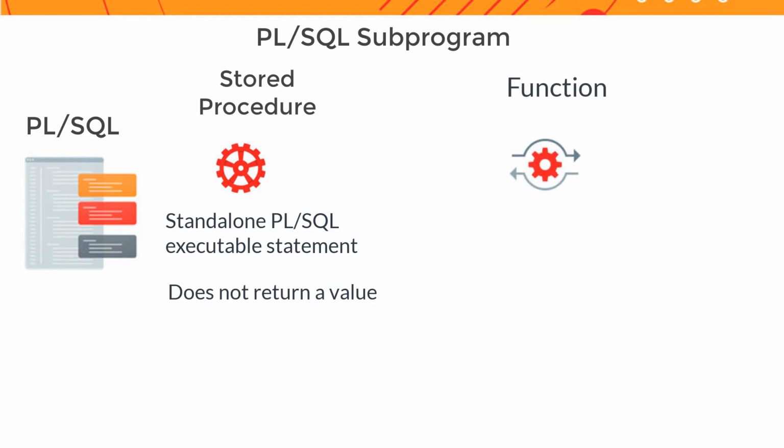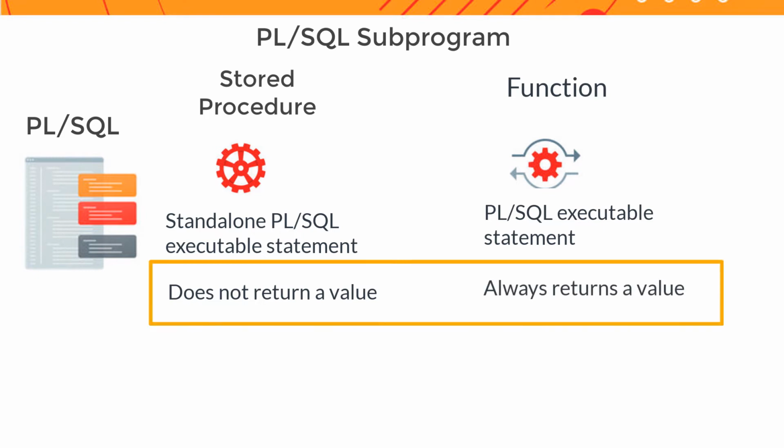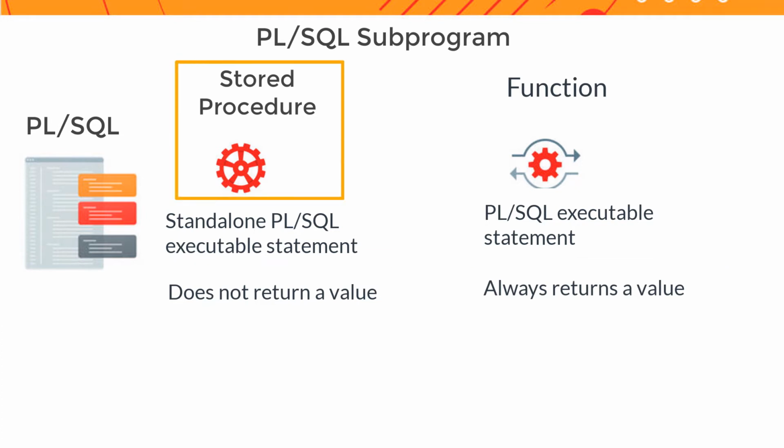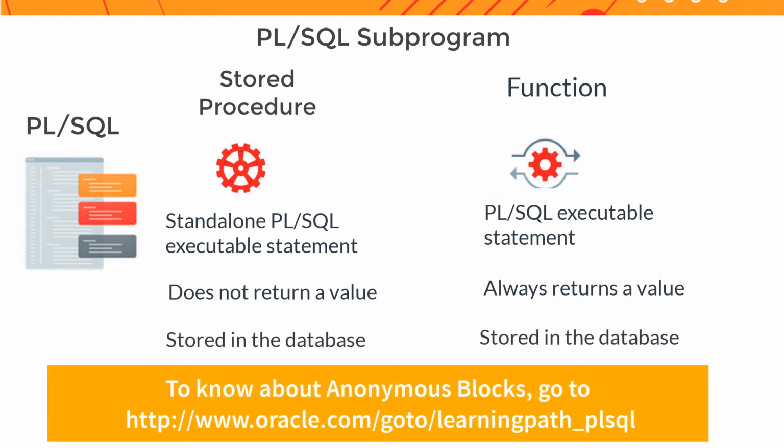A function is also a PLSQL executable statement. A function always returns a value, and this differentiates it from a stored procedure. In this video, we will learn about stored procedures and functions, which are stored in the database. As you may know, in contrast to stored procedures and functions, anonymous blocks are not stored in the database.